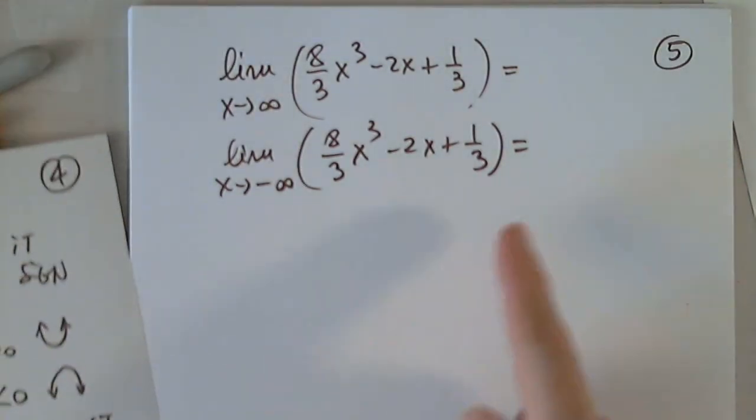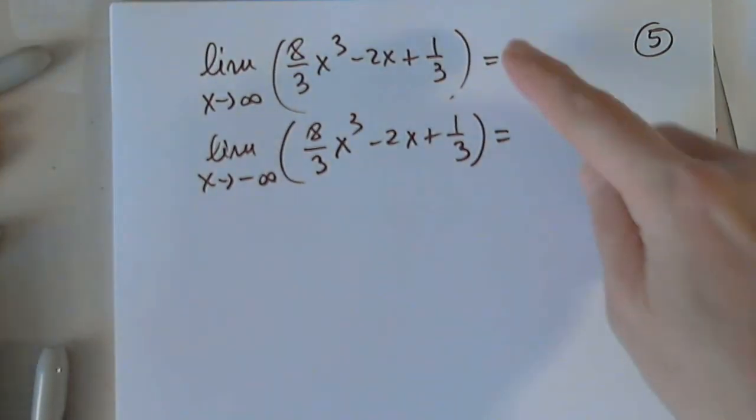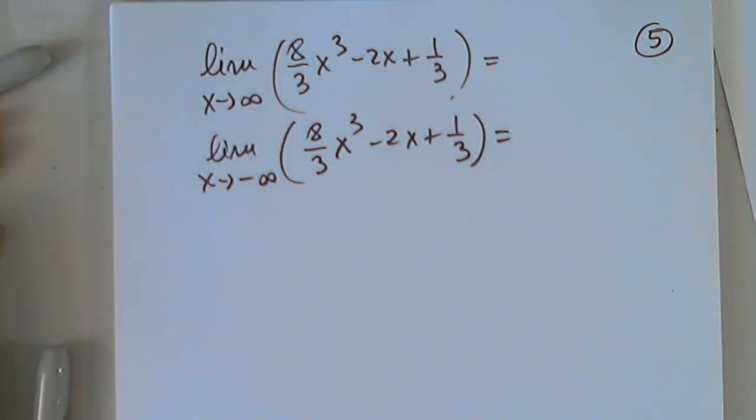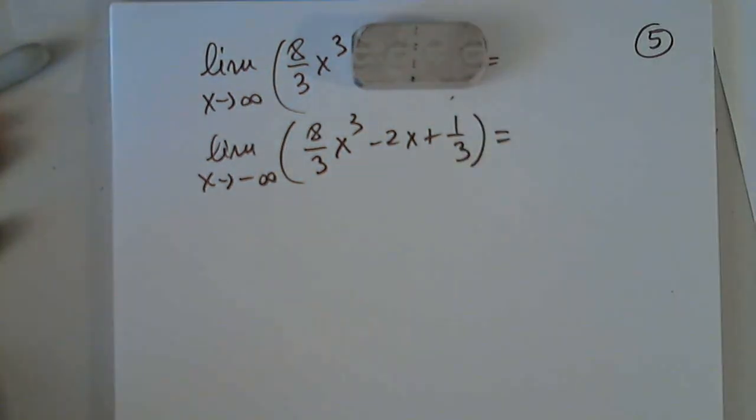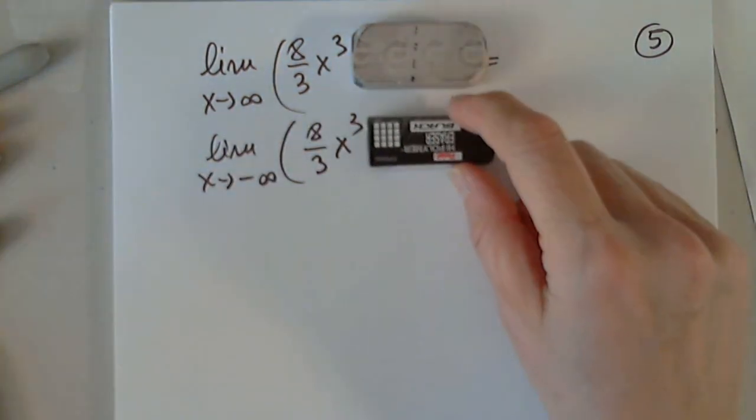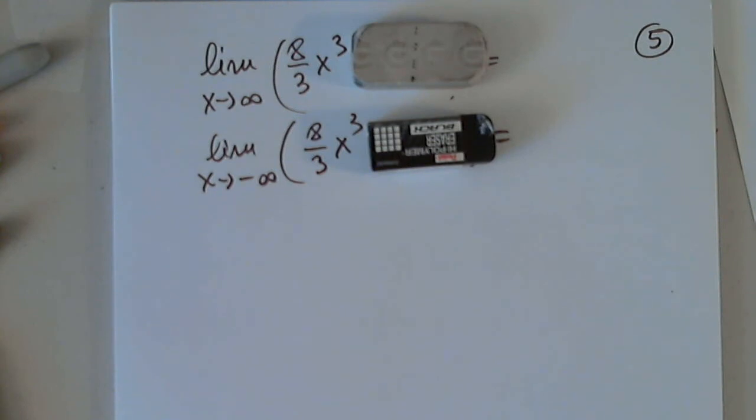Okay, can anyone give us these two limits? Anyone? So at infinity, the most powerful is the first term. The other two don't even count when it comes to infinity or negative infinity.